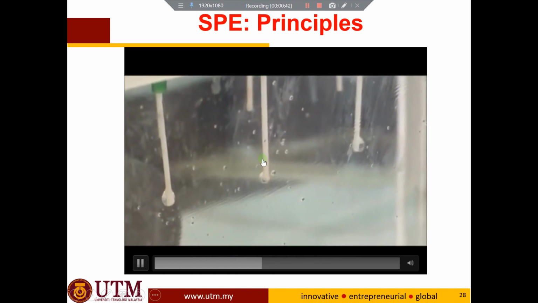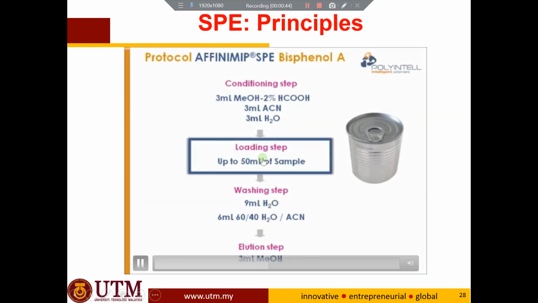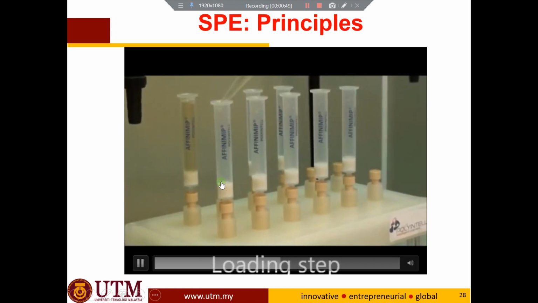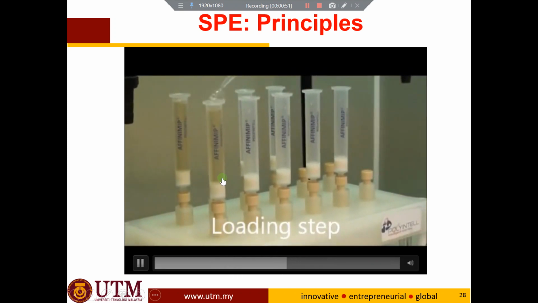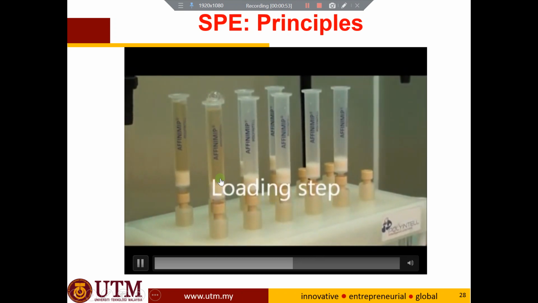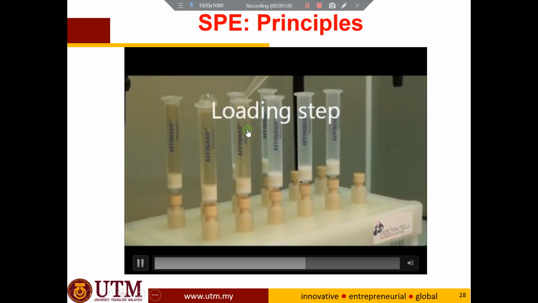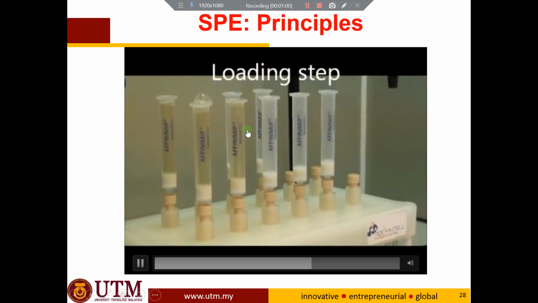This chamber is connected to the pump, so you adjust the pump to the desired flow rate, so it can speed up the process. So the next, after the conditioning, we perform the loading step. The loading step is where you put your sample.